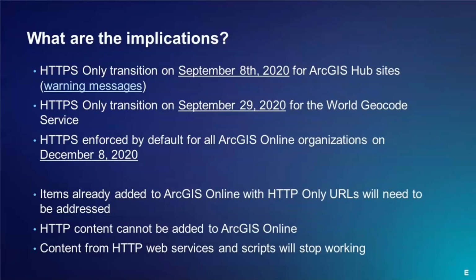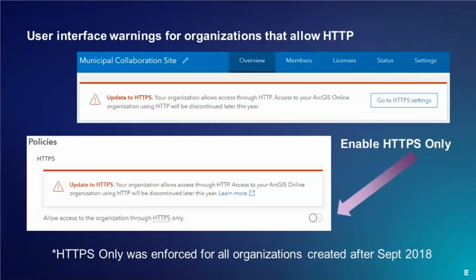We're first going to take a look at something that you can do to recognize and prepare for this change. If your ArcGIS Online organization security settings haven't transferred to HTTPS only, you may notice warnings in your ArcGIS Online account that look like the one you see on the screen at the moment. This will automatically be changed to HTTPS only on December 8, 2020, but you should make the change now if possible. It's important to remember that the HTTPS only setting was enforced on all new organizations created after September 2018.